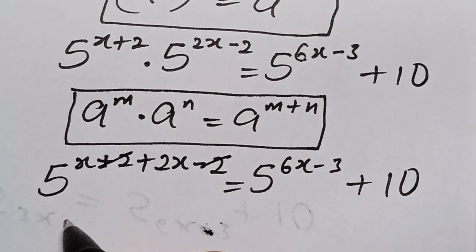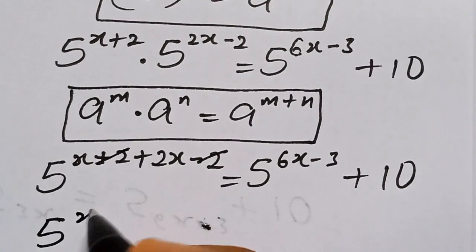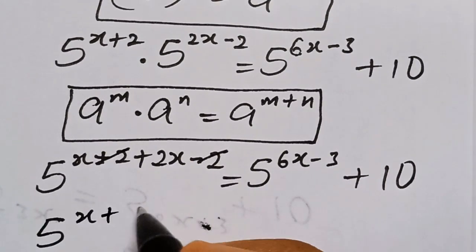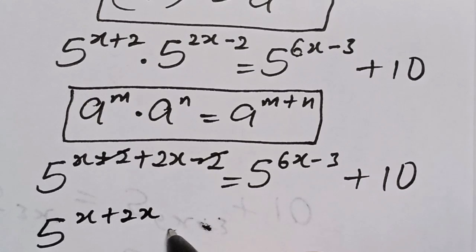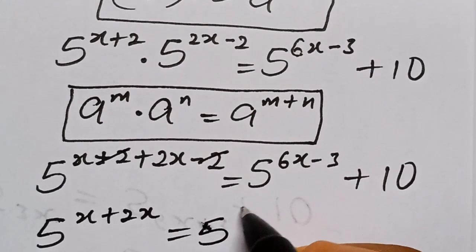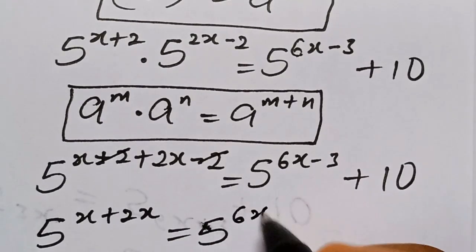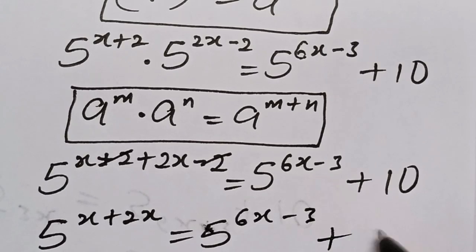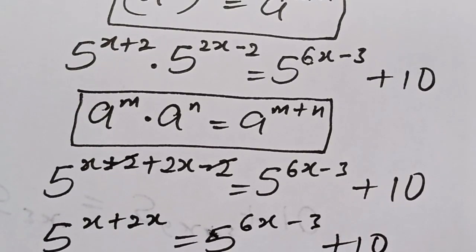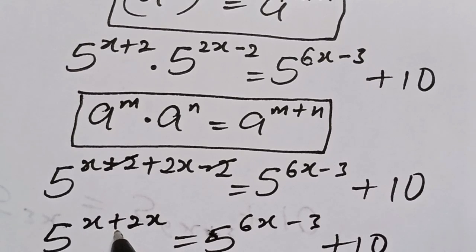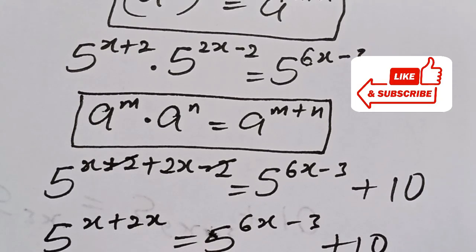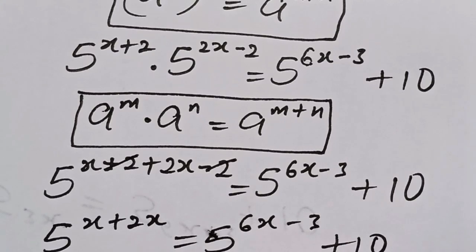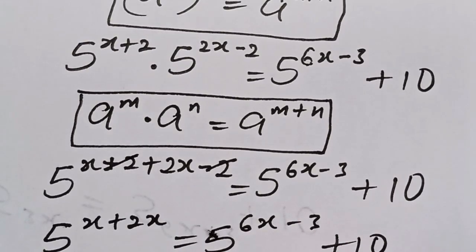So we are now left with 5 raised to power x plus 2x equals 5 raised to power 6x minus 3 plus 10. So that then gives us x plus 2x gives us 3x, so 5 raised to power 3x equals 5 raised to power 6x minus 3 plus 10.